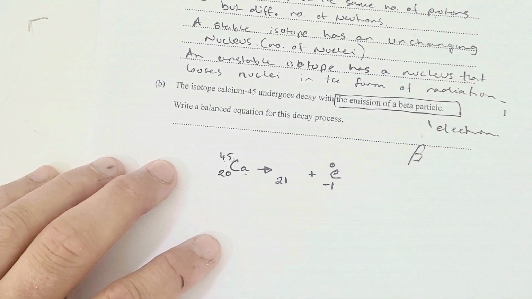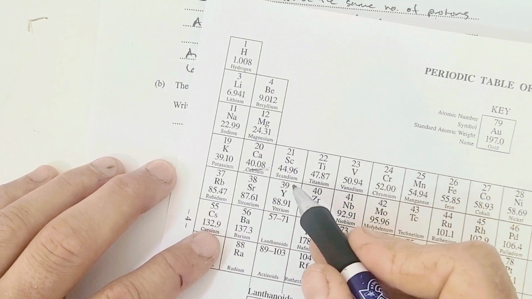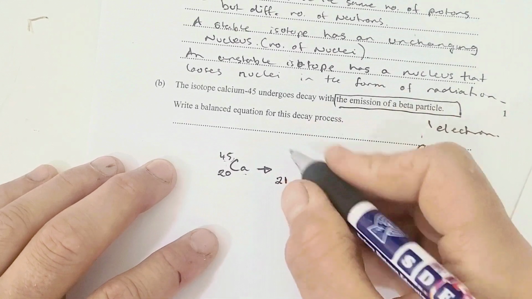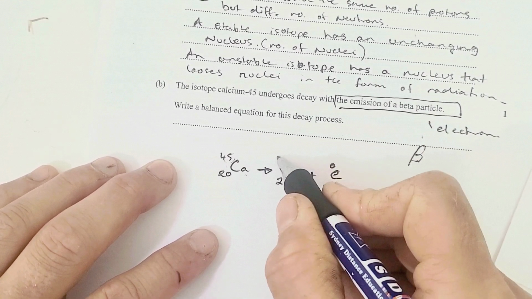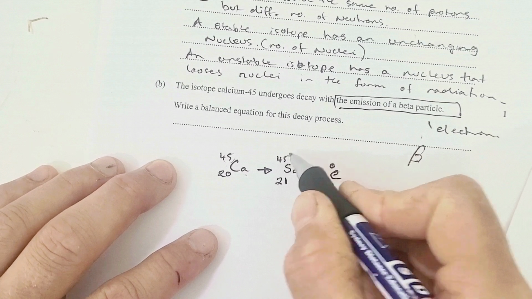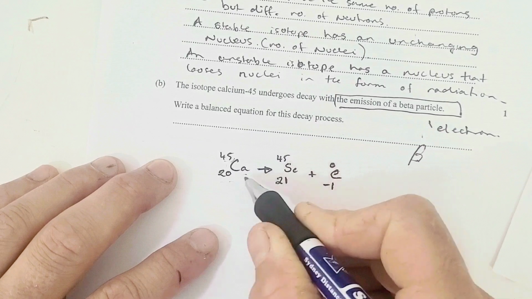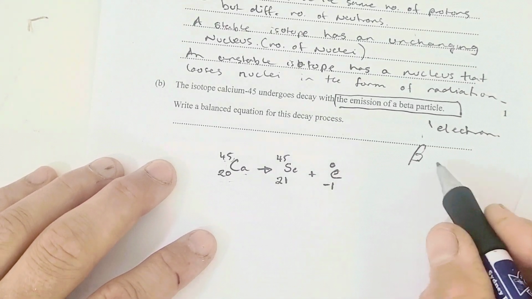So now we look at our periodic table. Scandium has 21 protons. And it's going to have the same mass, because all that happened was that a neutron changed to a proton, and they have the same mass. And in so doing, it gave off an electron or a beta particle.